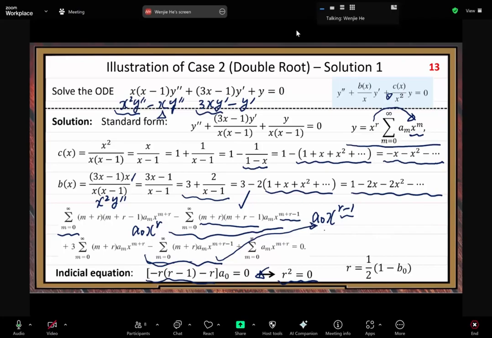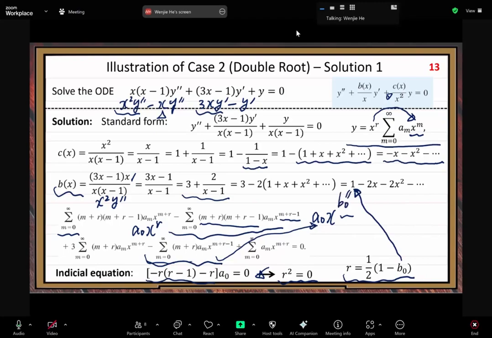Then I bring back that case 2 formula. Before we came to this part, I mentioned this formula: r equals 1/2 times 1 minus B0. B is this B function, and B0 corresponds to the constant term.